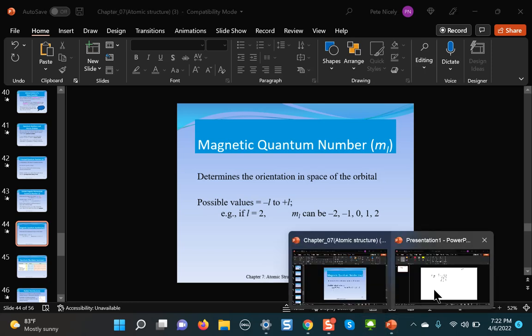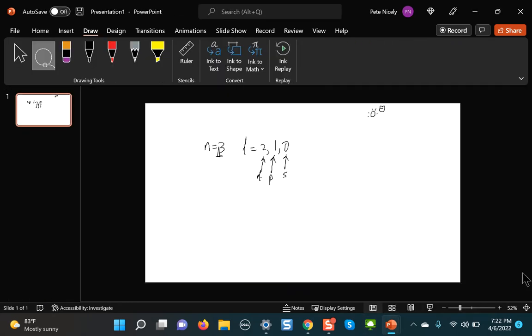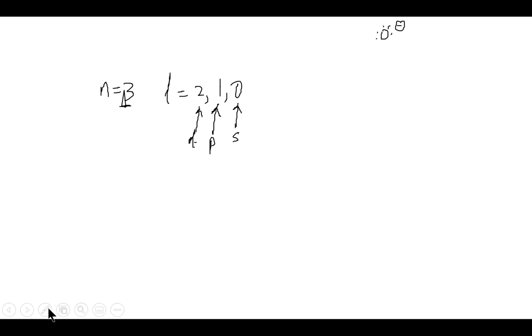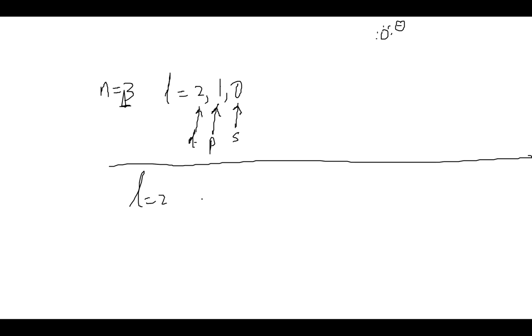And just to give you another example, let me draw a line here to make a distinction. If L is equal to 1, then the possible values of ml would be plus 1, 0, minus 1.